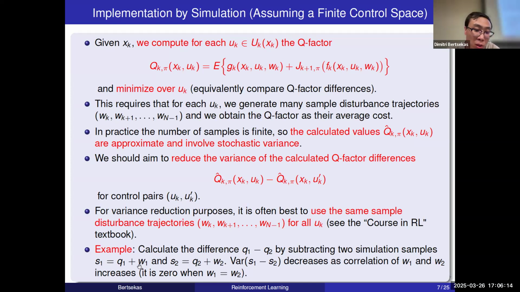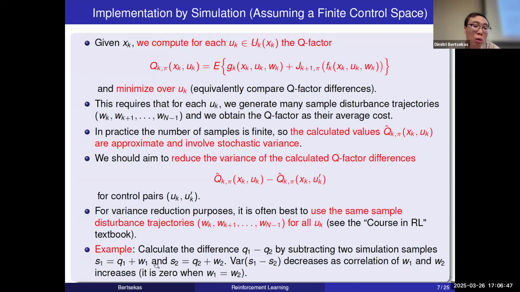And suppose W1 and W2, both of them share the same probability distribution, then if we sample independently W1 and W2, and if the sample of W1 is a favorable case and W2 is an unfavorable case, then this is going to create an error when we estimate Q1 minus Q2.